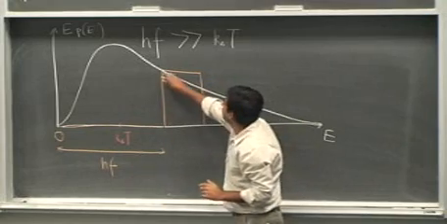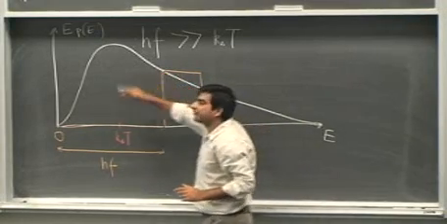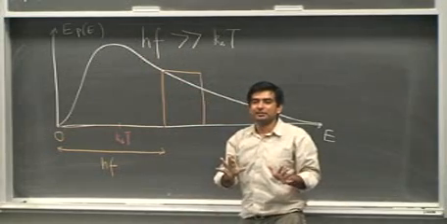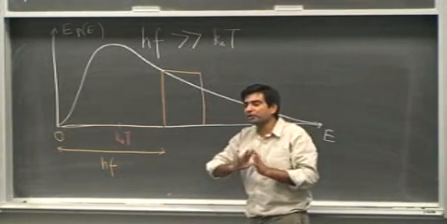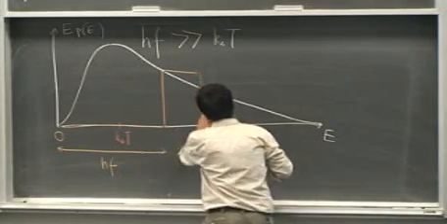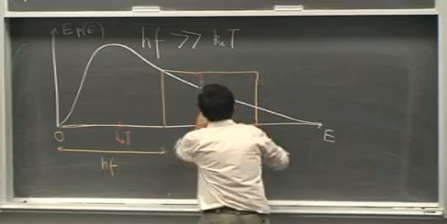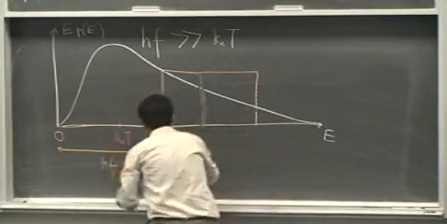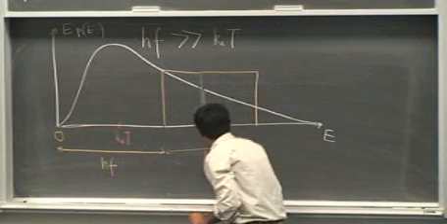And this rectangle will have a height given by the Boltzmann distribution. But now it's not a continuous sum. In fact, it will go like this, because this span is also hf.